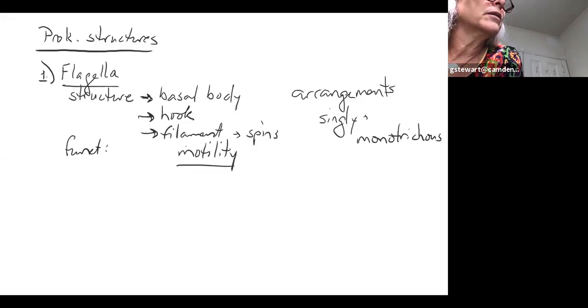Wait a minute. No, amphi's a clump on one end. Lopho, I think, is 1 on either end. And then there are some that are peritrichous, which means they have flagella all the way around the whole organism.